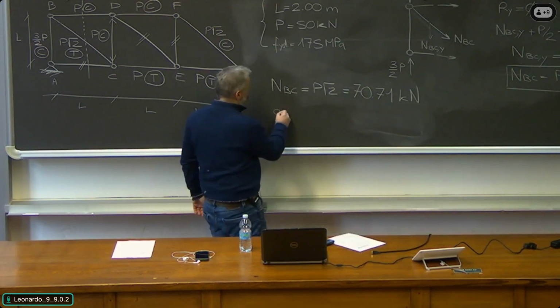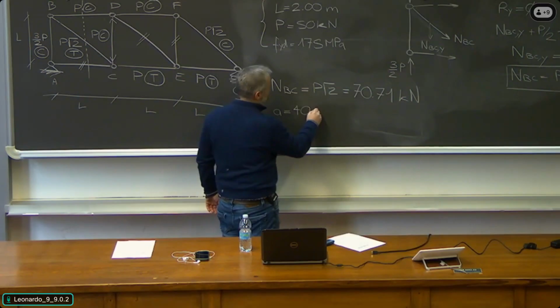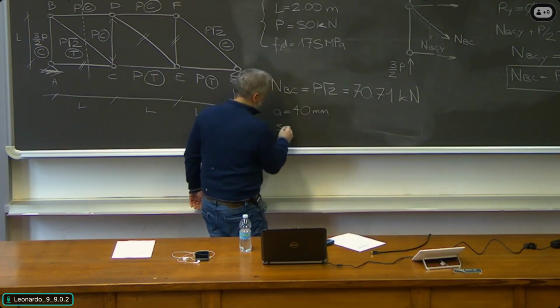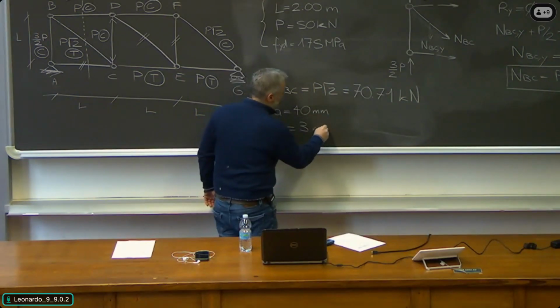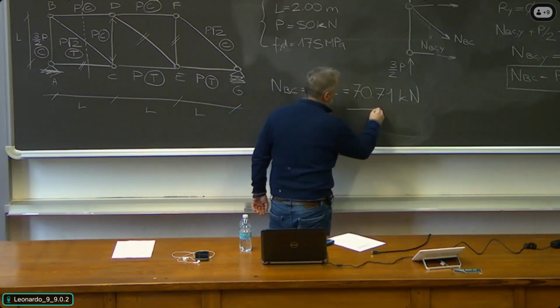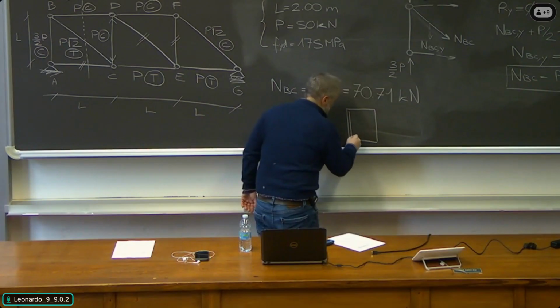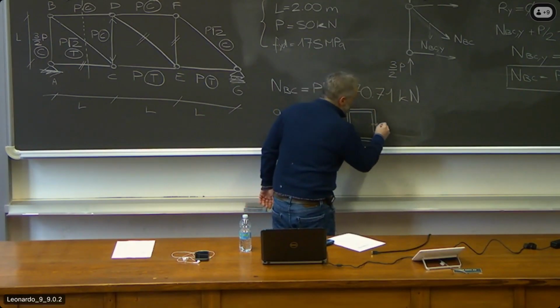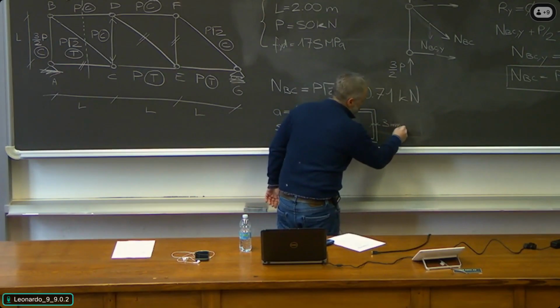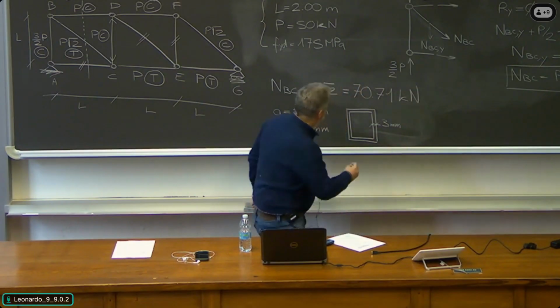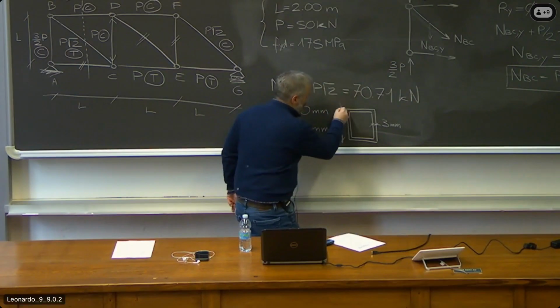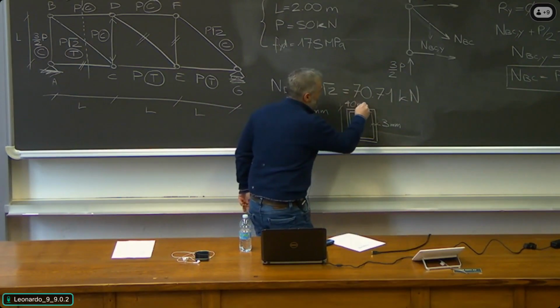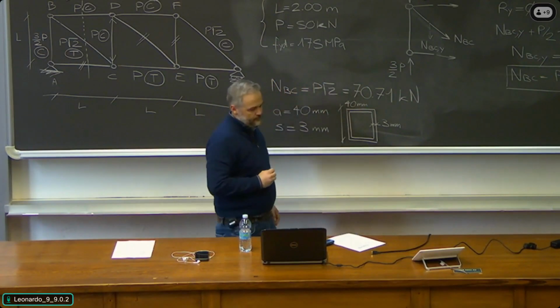A equal to 40 millimeters, S equal to 3 millimeters, which means profile is basically like this. It's a square hollow profile with a thickness of 3 millimeters and a dimension which is 40 millimeters, okay?